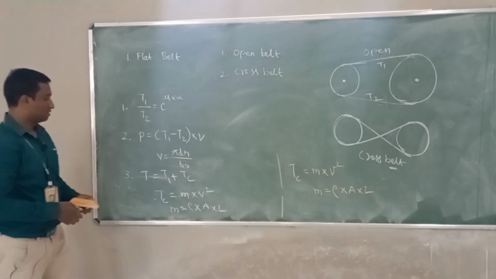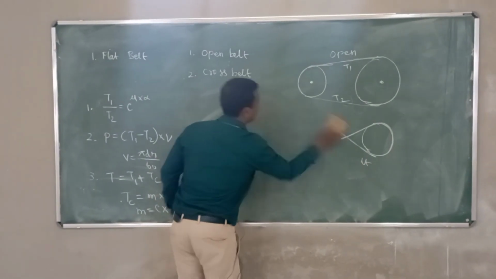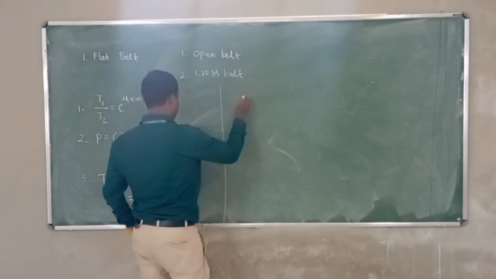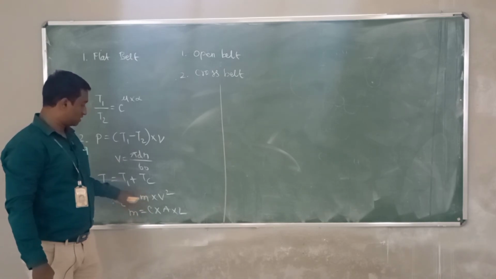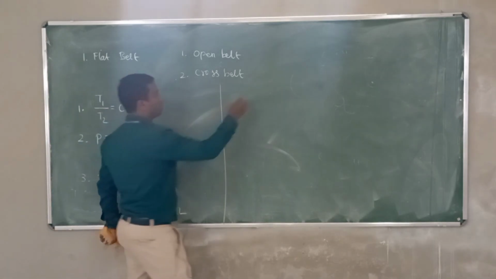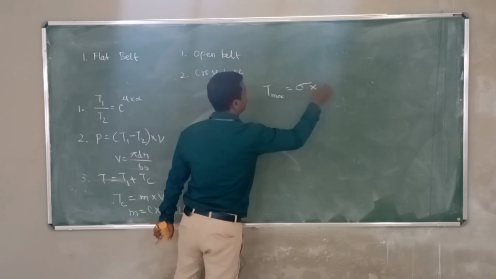If the mass and density are not available, then when the stress value is given, the T maximum is found with the help of sigma into A.